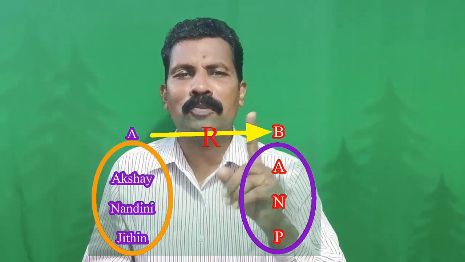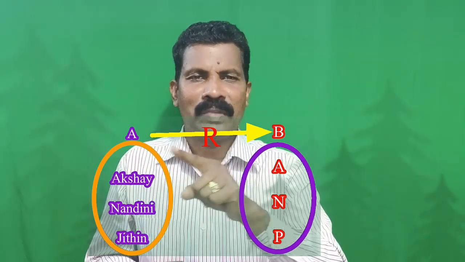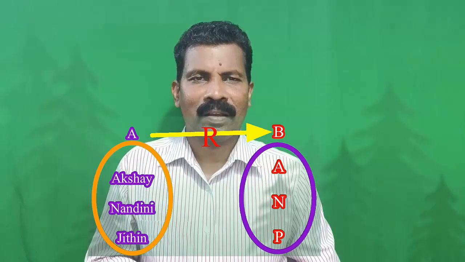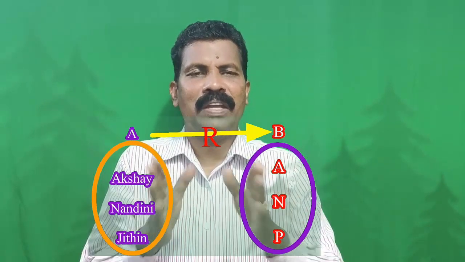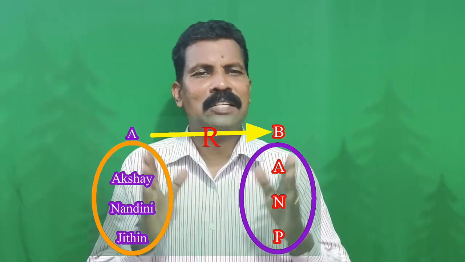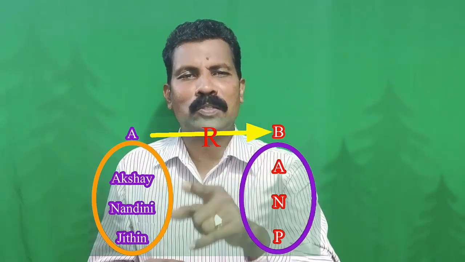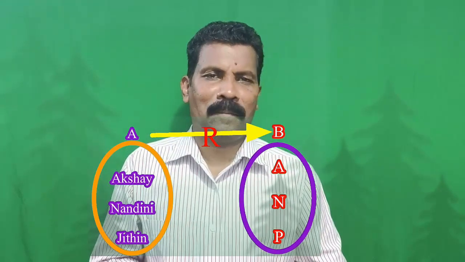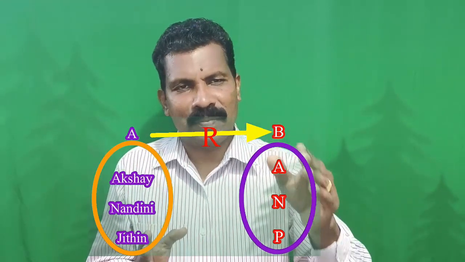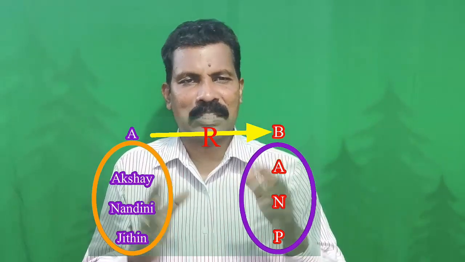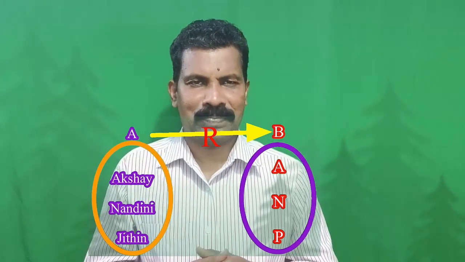We cannot involve Akshay, A, because there is no arrow mark from A to A. Similarly, we cannot involve any other ordered pair here. Because as I told you, there is no association between the elements of capital A and the elements of capital B. That is, R has been empty set.